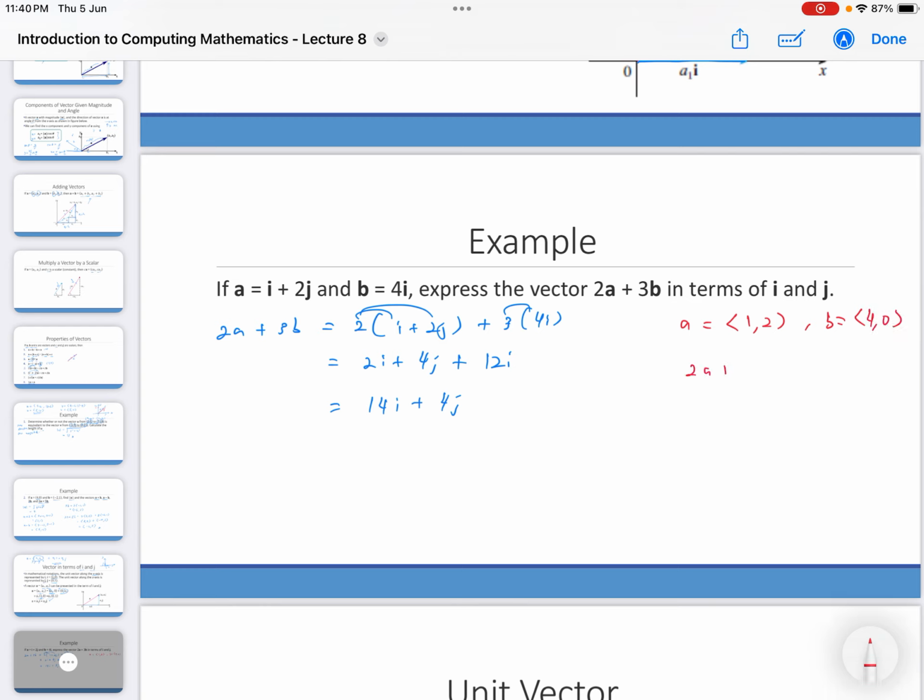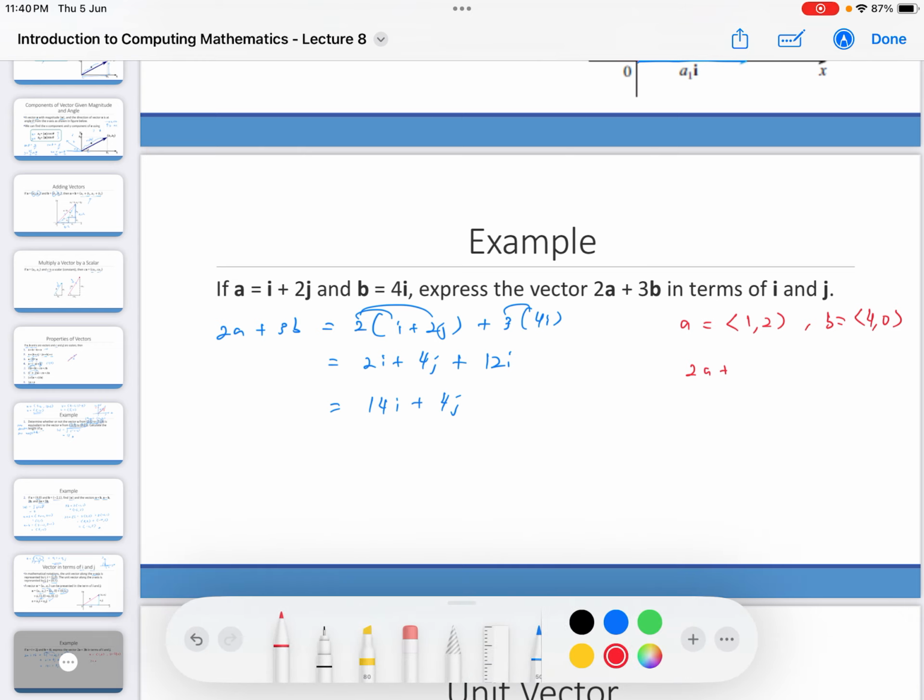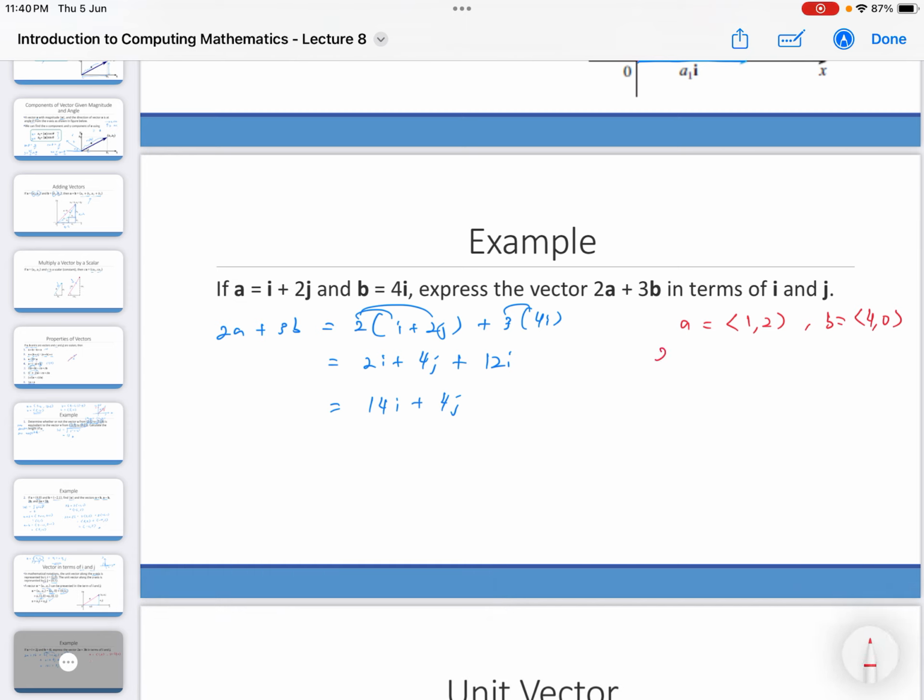So then we want 2a and 3b. So 2a equals (2, 4), and then 3b equals (12, 0). So 2a plus 3b equals (2 plus 12, 4 plus 0), which equals (14, 4), which is the same as this answer.